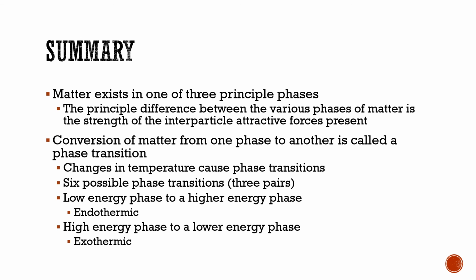There are 6 phase transitions possible in 3 pairs of related phase transitions. Transition from a lower energy phase to a higher energy phase requires energy and is thus an endothermic process. Transition from a higher energy phase to a lower energy phase releases energy and is therefore an exothermic process.